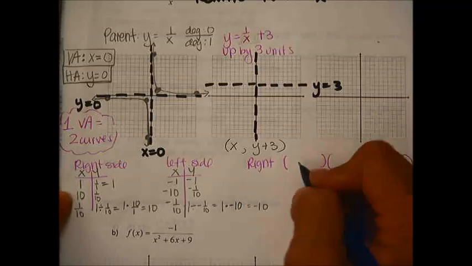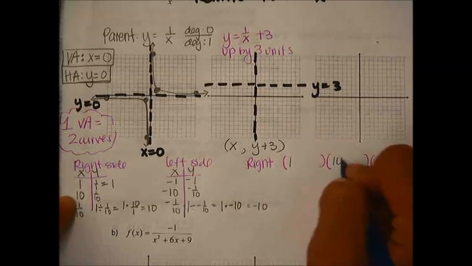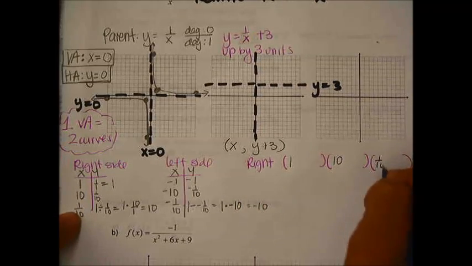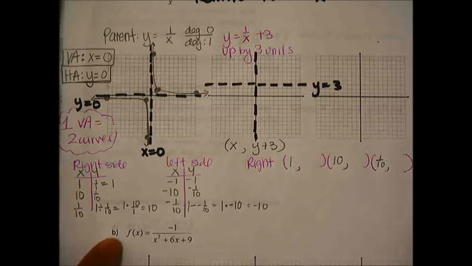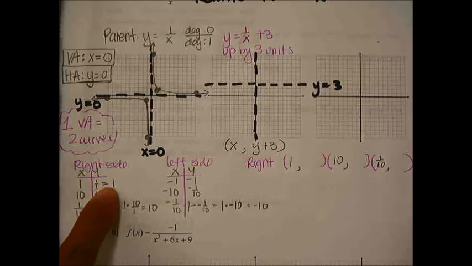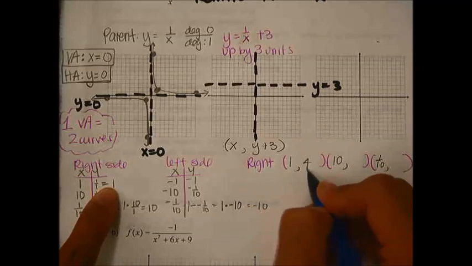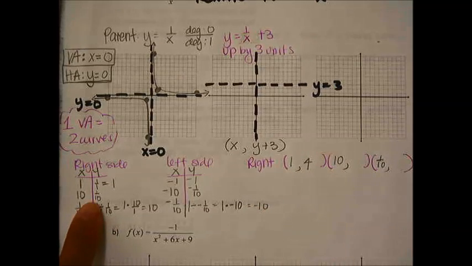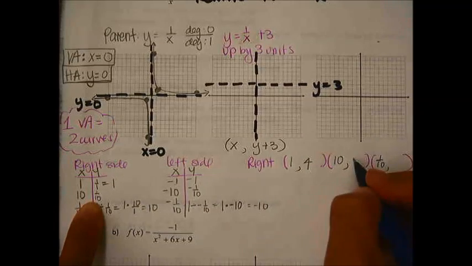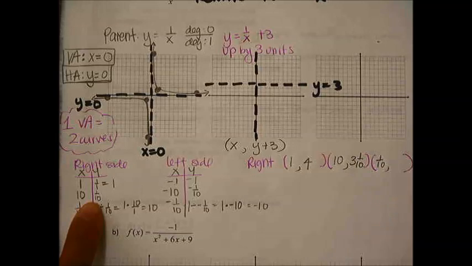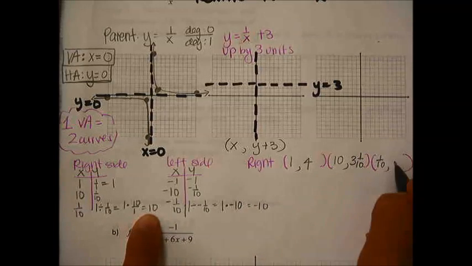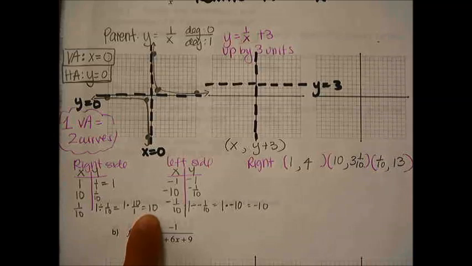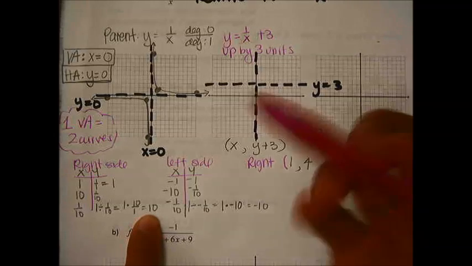I'm going to write 1. All of those coordinates are exactly the way they are, but the y values will change. If the output used to be 1, 1 plus 3 is now 4. If the output used to be 1/10, 1/10 plus 3 is 3 and 1/10. If the output used to be 10, it is now 10 plus 3, which is 13. That's just how we find the new points.